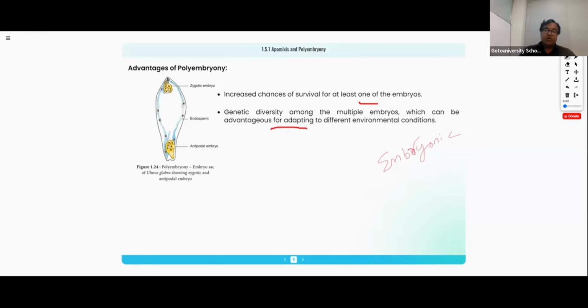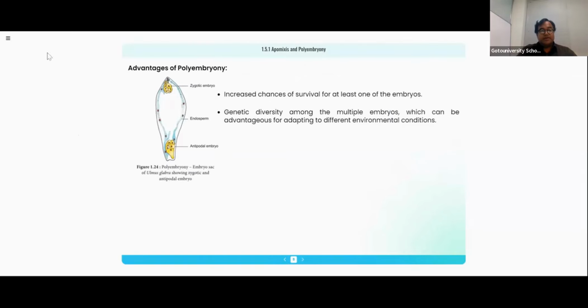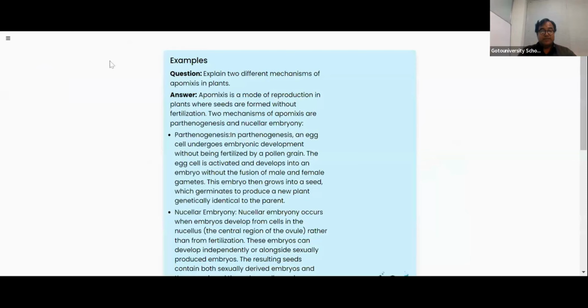Now we are entering the next major concept. In endosperm formation, we discussed a lot of information for you. Let me start discussing a few questions, but before that we'll go for solving worked examples. Here, two different mechanisms of apomixis we just narrated for you.